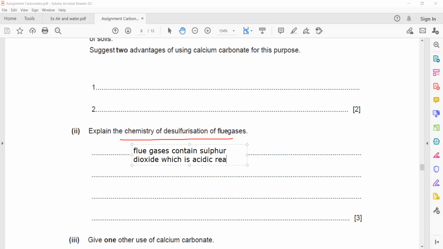It reacts with, we can use calcium oxide for this purpose as well, or calcium carbonate, to form a salt, a sulfite salt, of calcium.